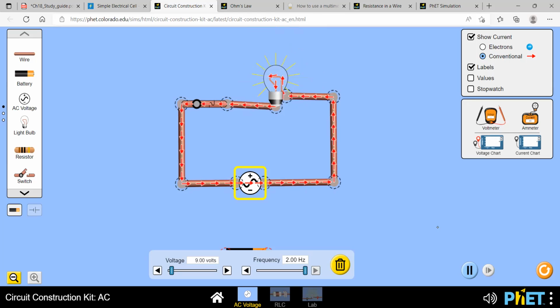So here we can easily see it. But you may ask why we cannot see it when a bulb is glowing in our household. The answer is, here it is only 2 hertz, which means it changes 2 times in 1 second.